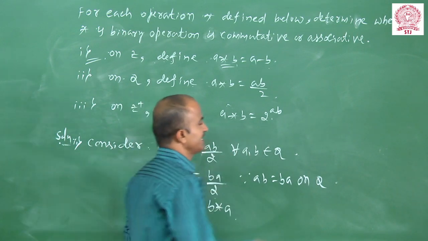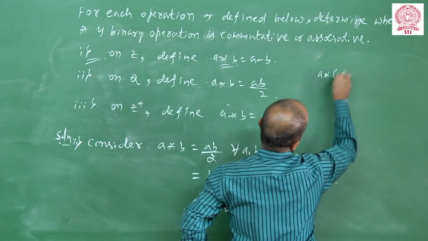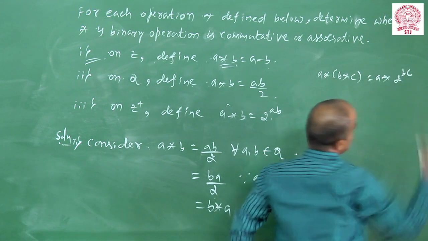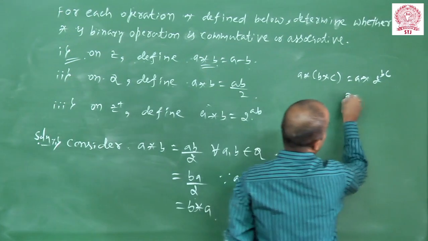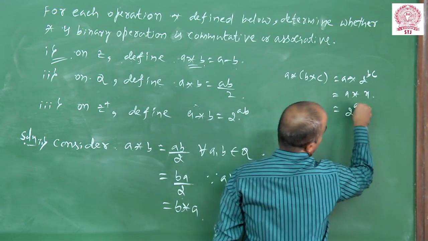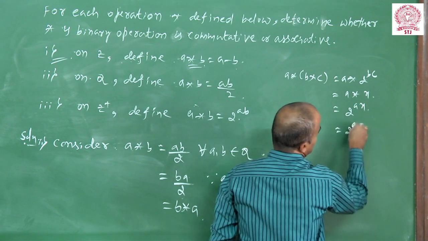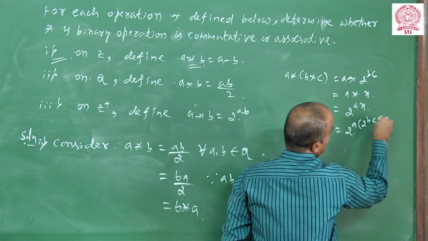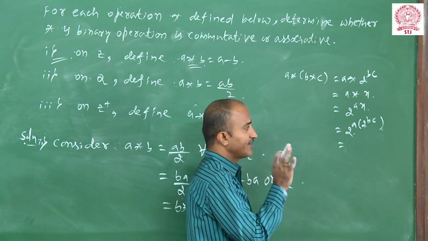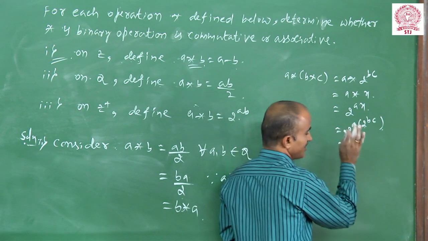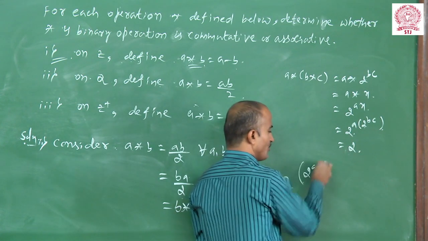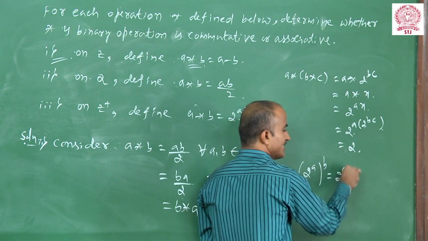For associativity, you check A star of B star C, where it is A star of 2 power BC, and let that be X. A star X will be 2 power AX, where X is 2 power BC. Very clear, it should be very important, that 2 power A whole power B is 2 power AB.